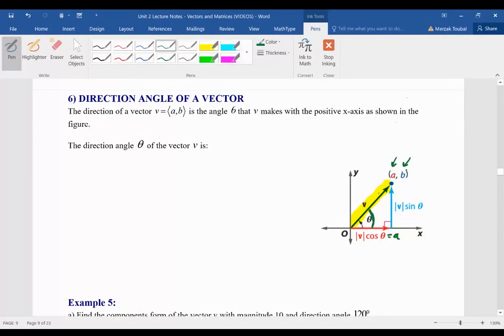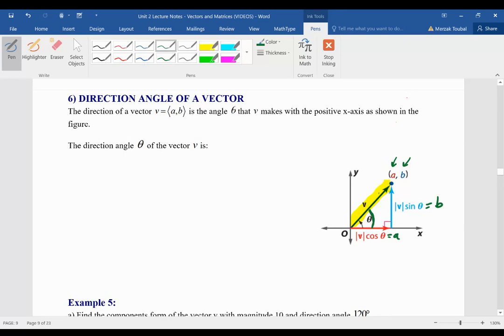And the component B would be the vertical component. So A is the horizontal component, B is the vertical component. So the magnitude of v times sine theta, that's B.